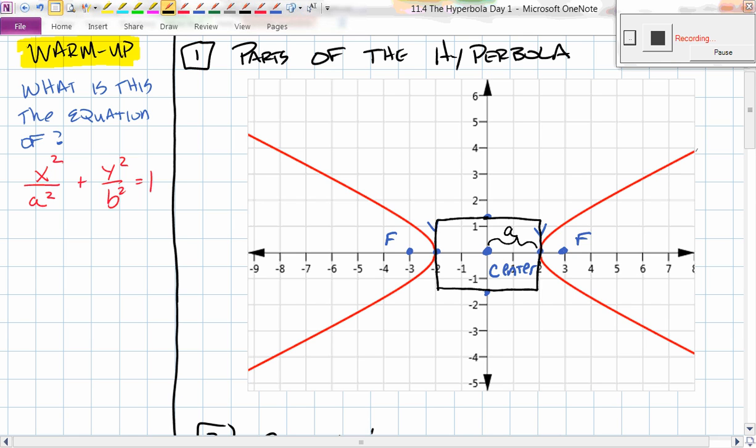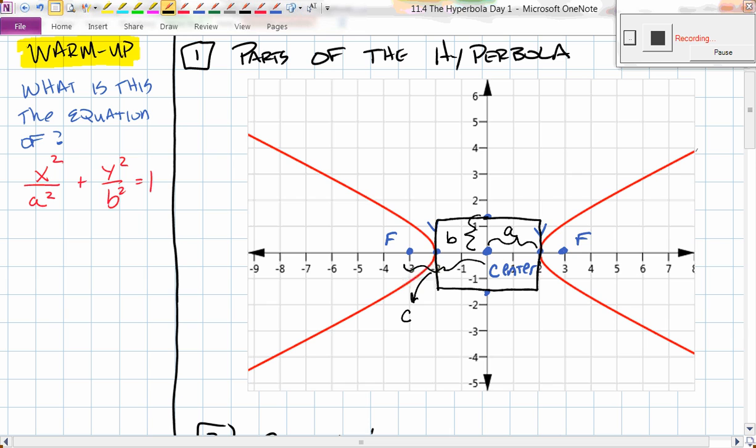Just like it was in the ellipse, right? The distance from the center to a focal point is still going to be called C. We're not changing that at all either. And the distance from the center to the top of this box is what we're calling B. It doesn't really have a name, or not one that I can remember at this moment, but that's just how it is.